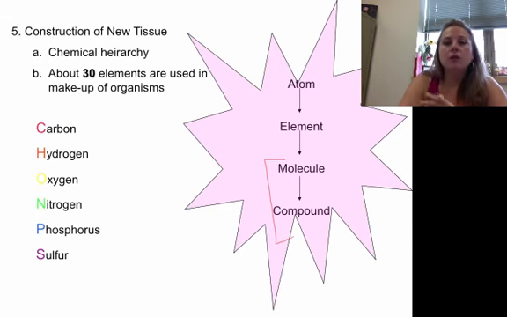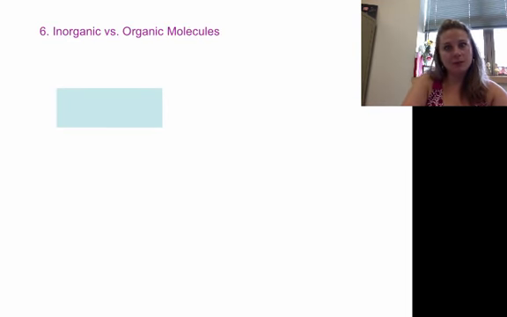So: carbon, hydrogen, oxygen, nitrogen, phosphorus, sulfur. Six main elements that make us up. Then there are about another 24 elements of the periodic table that exist in us, but not nearly in the same abundance. Way lower. Those 6 elements are the majority of what we are.